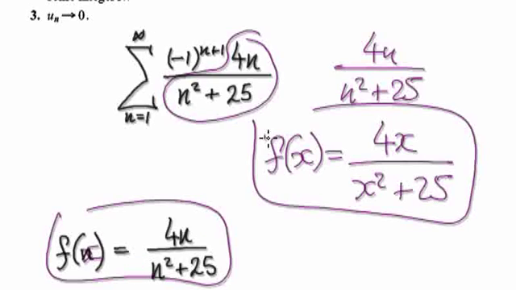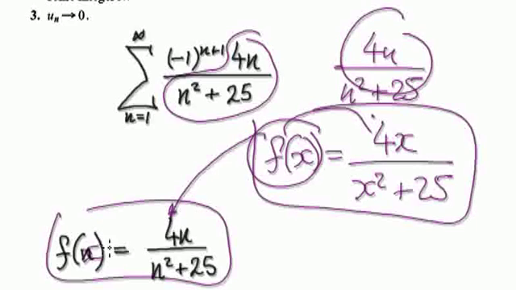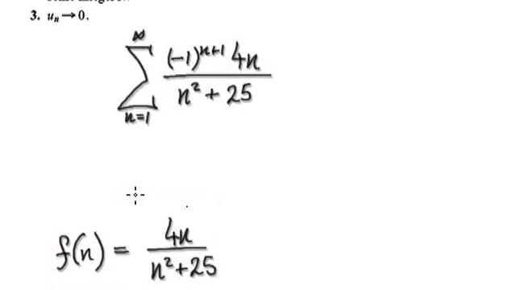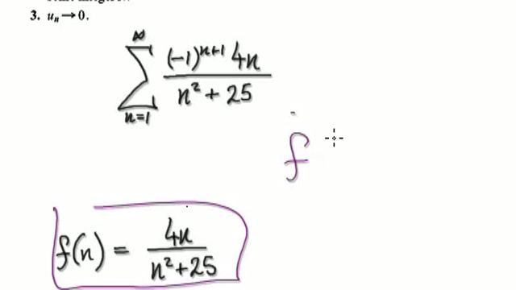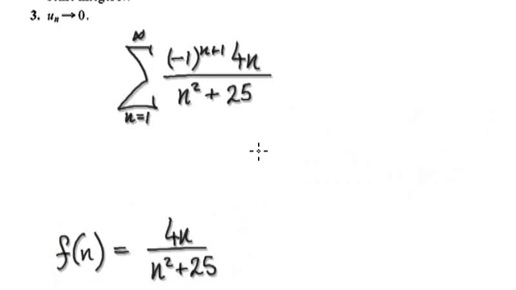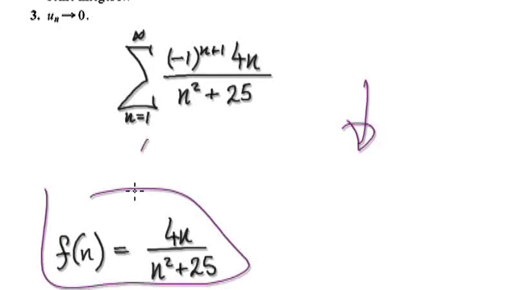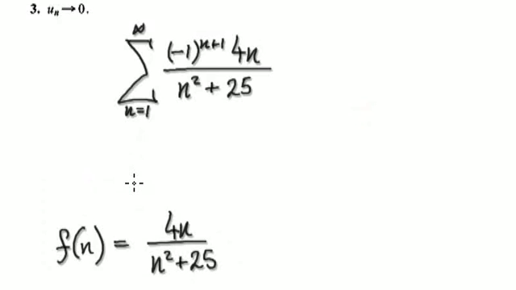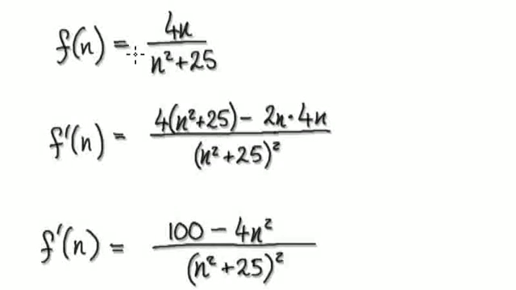We are mapping a function on top of our sequence, and this is also a function, so we are entitled to write it in this form. We could write it as 4x over x squared plus 25. They're both functions, so both are valid. Sometimes it's written one way, sometimes the other. Now we want to make sure that our function is always decreasing or staying the same.